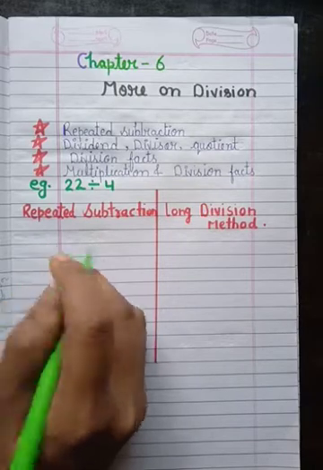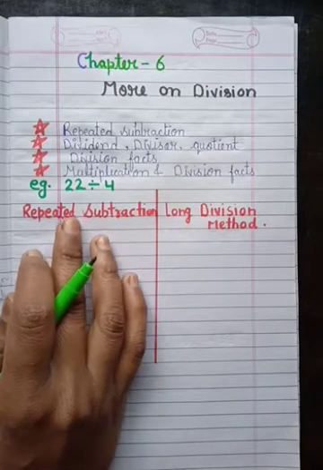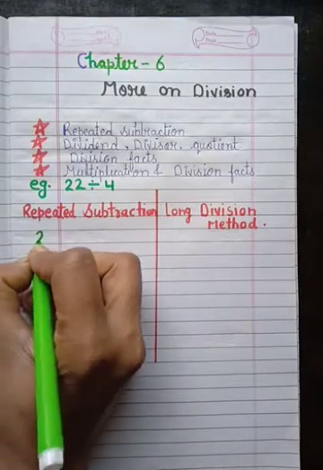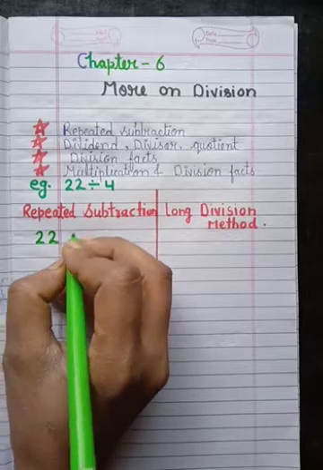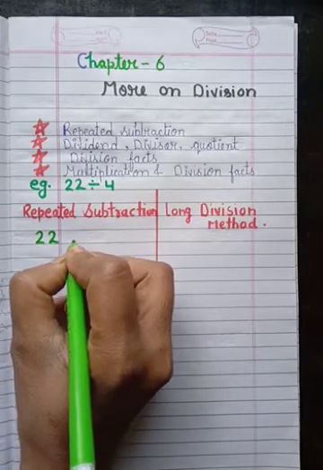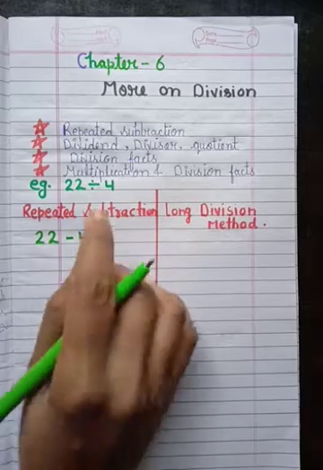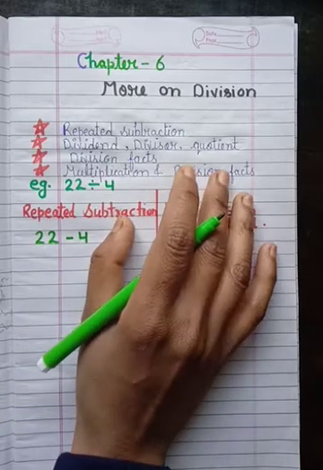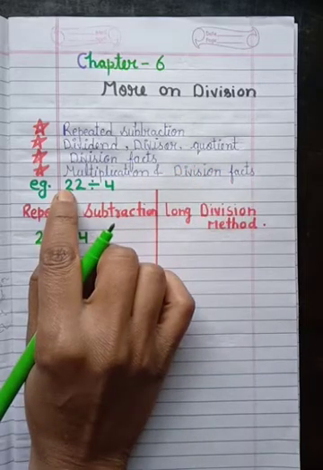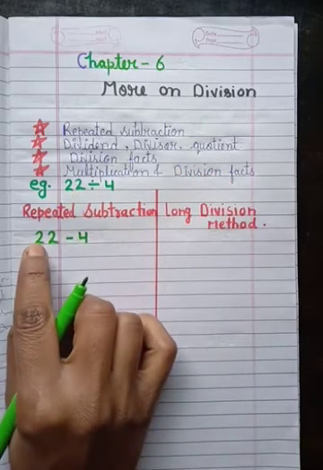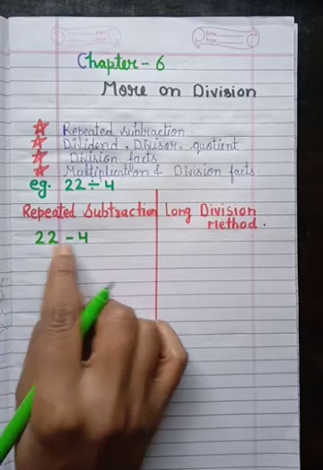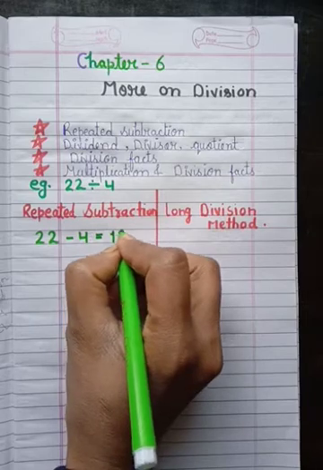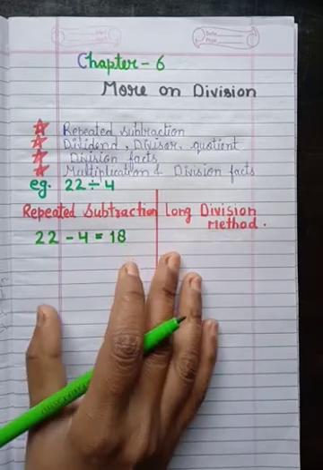So let's see how. The first step will be 22 minus 4, because the divisor is 4 and the dividend is 22. What do we get? 18.